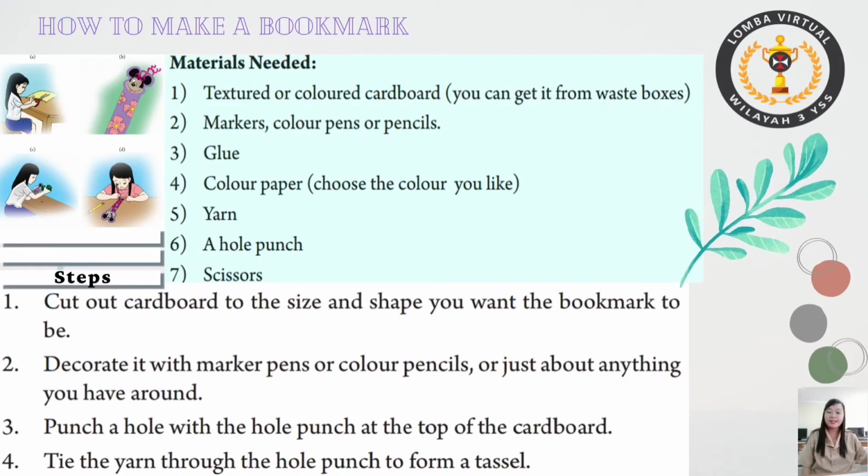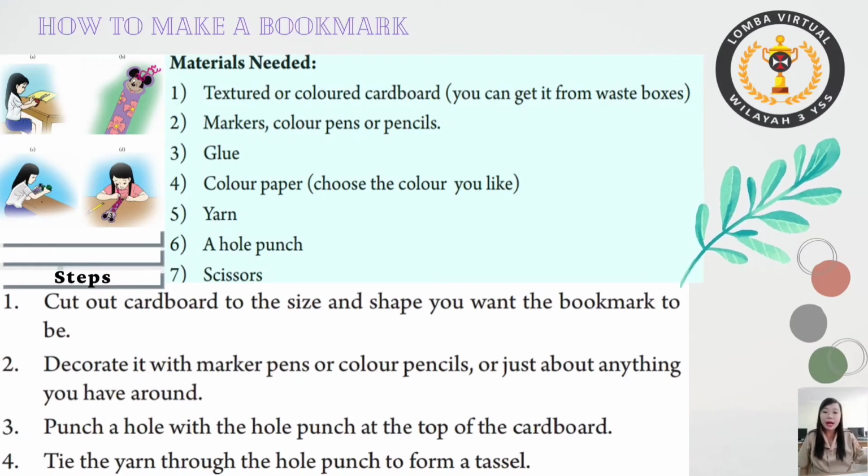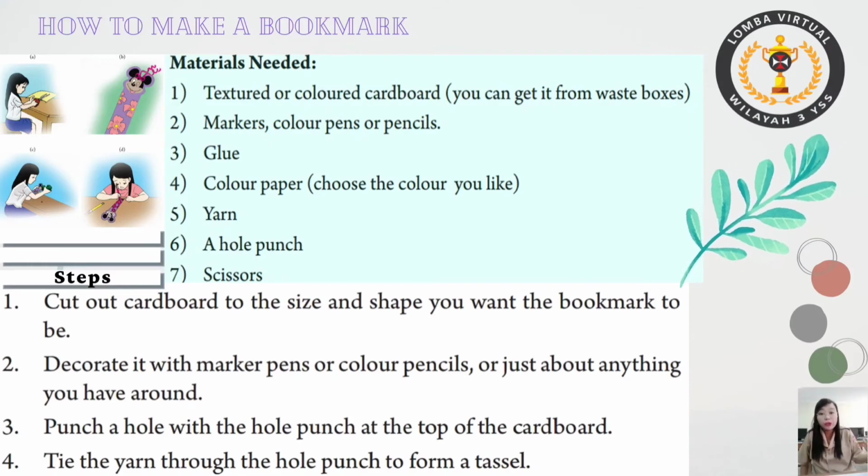Now, next, the steps. The first step is cut out the cardboard to the size and shape you want the bookmark to be. The second, decorate it with marker pens or color pencils or just about anything you have found. The third, punch a hole with the hole punch at the top of the cardboard.